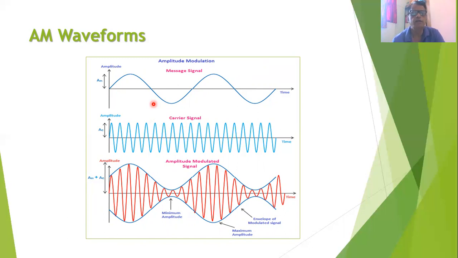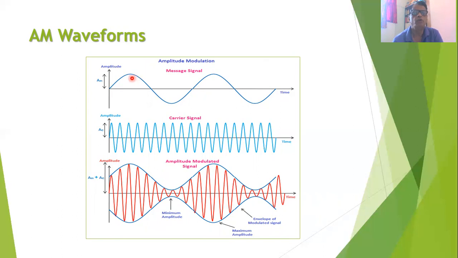You will find that the amplitude of the carrier is changed in accordance with the amplitude of the modulating signal. Therefore, at the output of the modulator circuit, we will get a signal, and this is called a modulated signal. So this third wave represents the amplitude modulated signal. In this waveform, you will observe that the amplitude of the carrier wave is continuously changing, in accordance with the amplitude of the modulating signal.